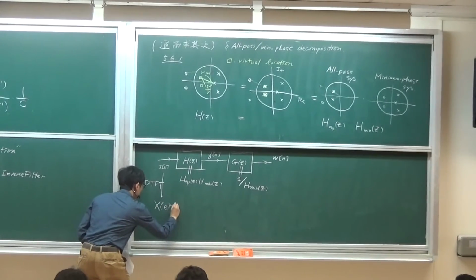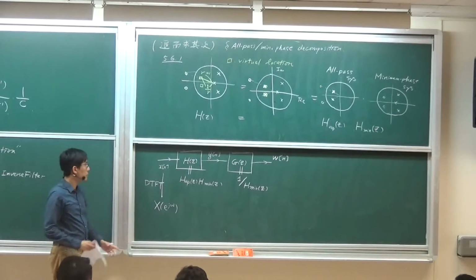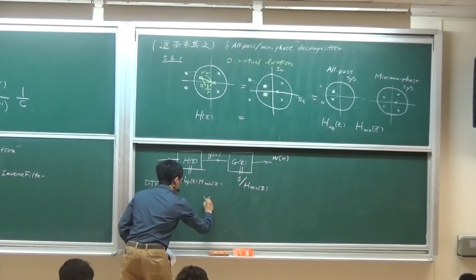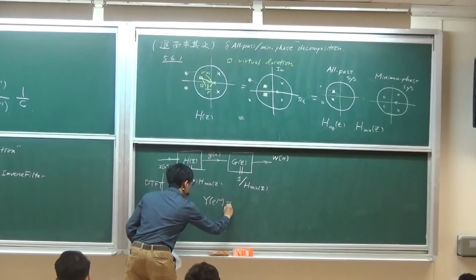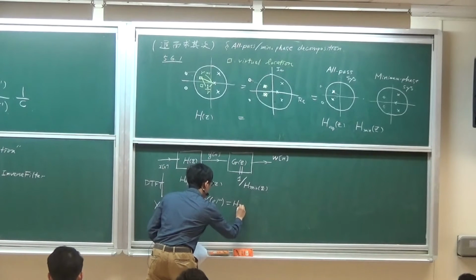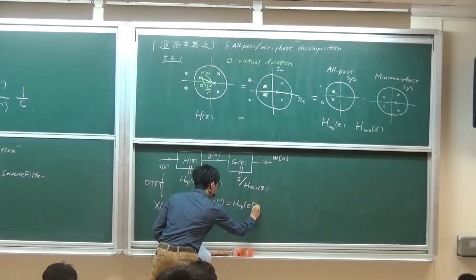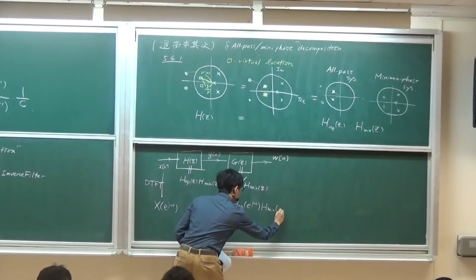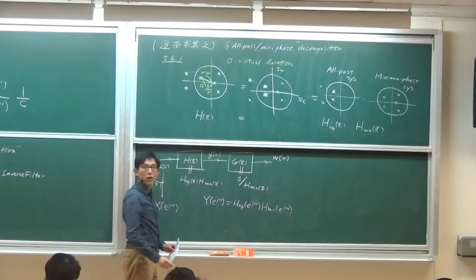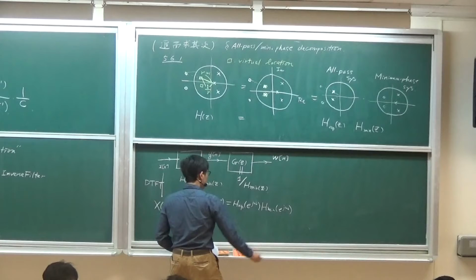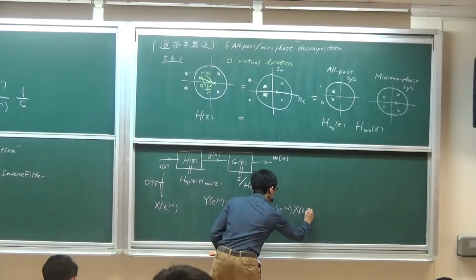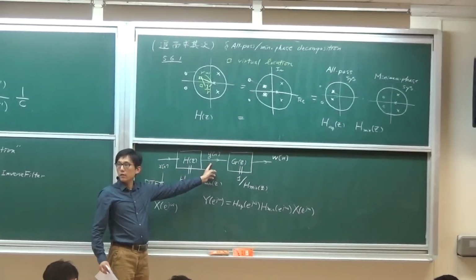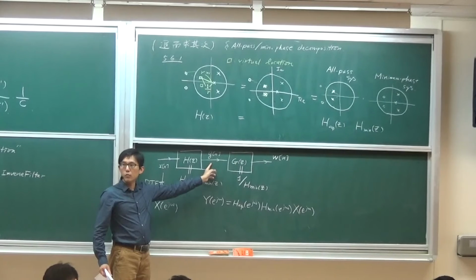What will happen is that now the input spectrum big X, and the output spectrum big Y, we know is H_AP(e^jω) times H_min(e^jω), the Z transform evaluated on the unit circle, times X. So that's the middle part, the output that we receive right here.